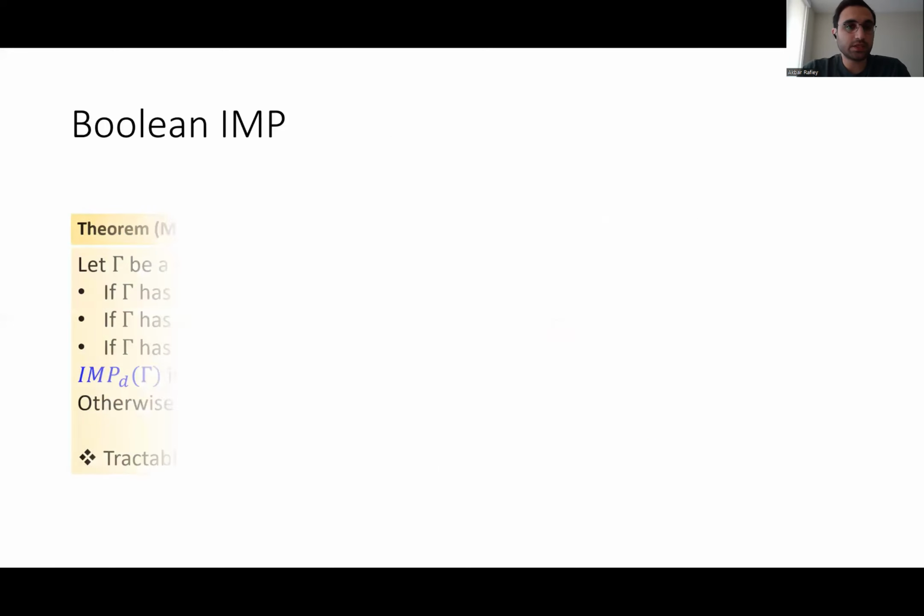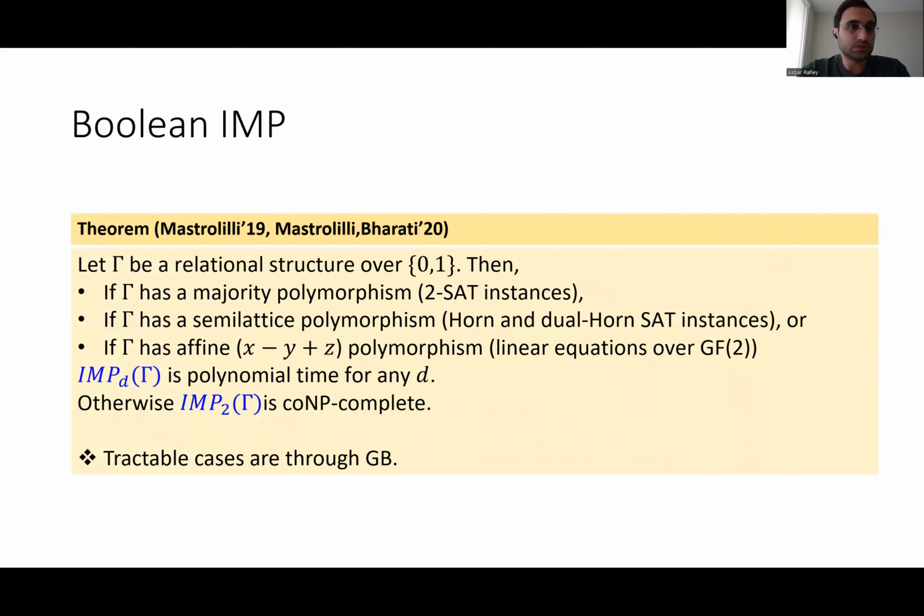All right. Well, there are some known results with respect to Boolean IMP. This is due to Mastrolilli and Barati. Basically, they completely classified all the cases for the Boolean domain.